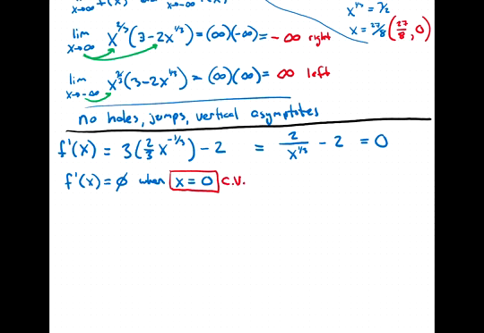And when is the derivative equal to 0? Well, let's solve 2 over x to the 1/3 minus 2 equal to 0. I'll add 2 to both sides: 2 over x to the 1/3 is equal to 2. Or when is 2 over x to the 1/3 equal to 2?